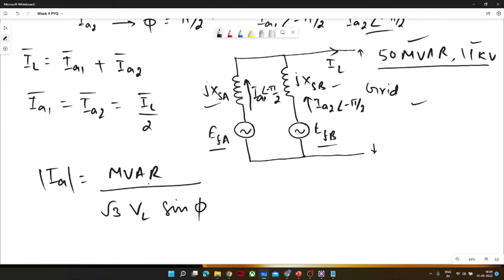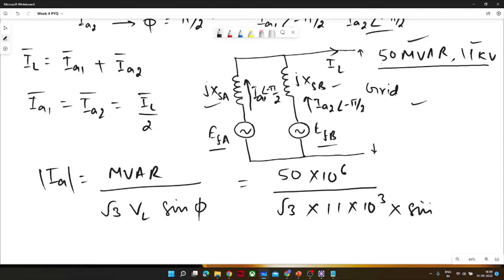Why sine phi? Because it is reactive power. If it had been apparent power, I would not have used the sine phi angle. So we calculate 50 into 10 raised to power 6 divided by root 3 into VL, which is 11 kV, into sine 90 degree. Any doubt why I am writing sine 90 degree?